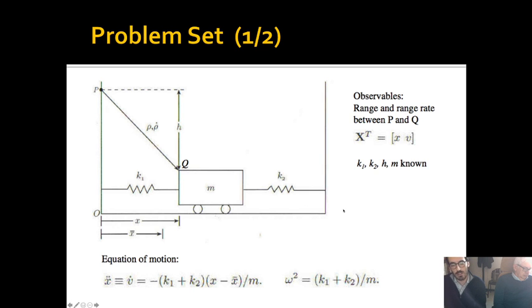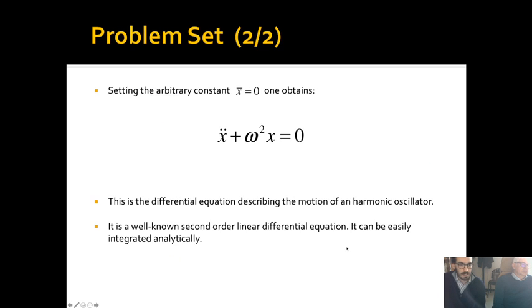As you know, the equation of motion of the mass spring system can be written as you see here. You can write x double dot equals minus the rigidity constant K times x over M. If we call omega squared this constant, the natural frequency of the system, we can simplify everything to the well-known second order equation for oscillators.